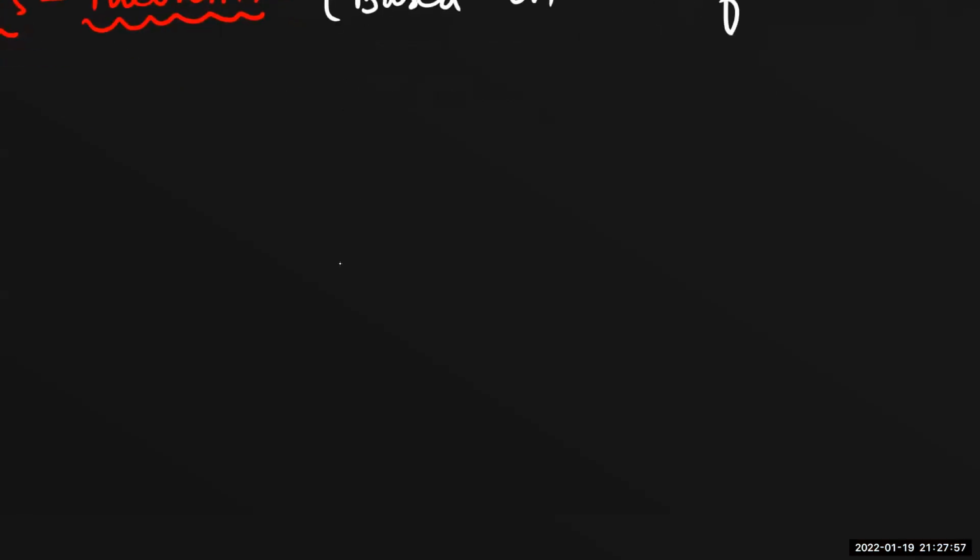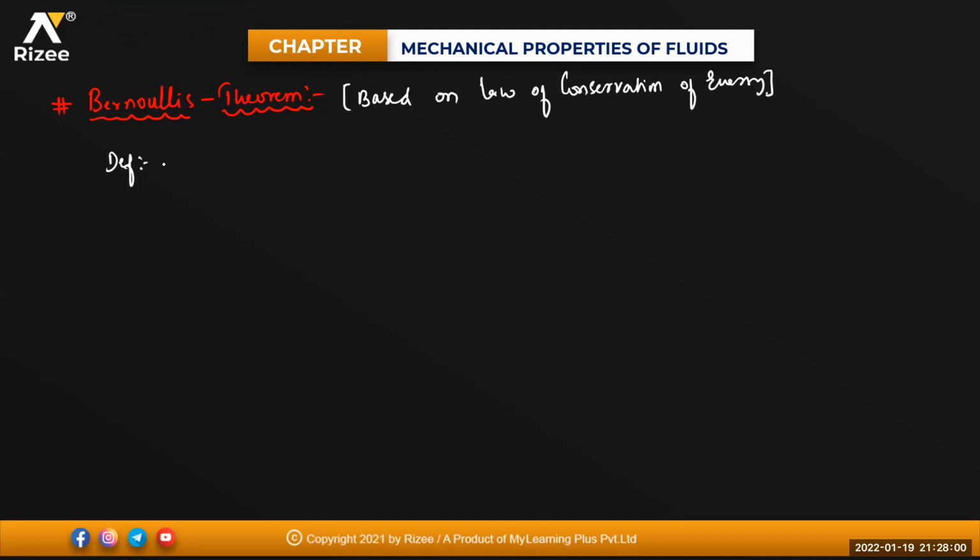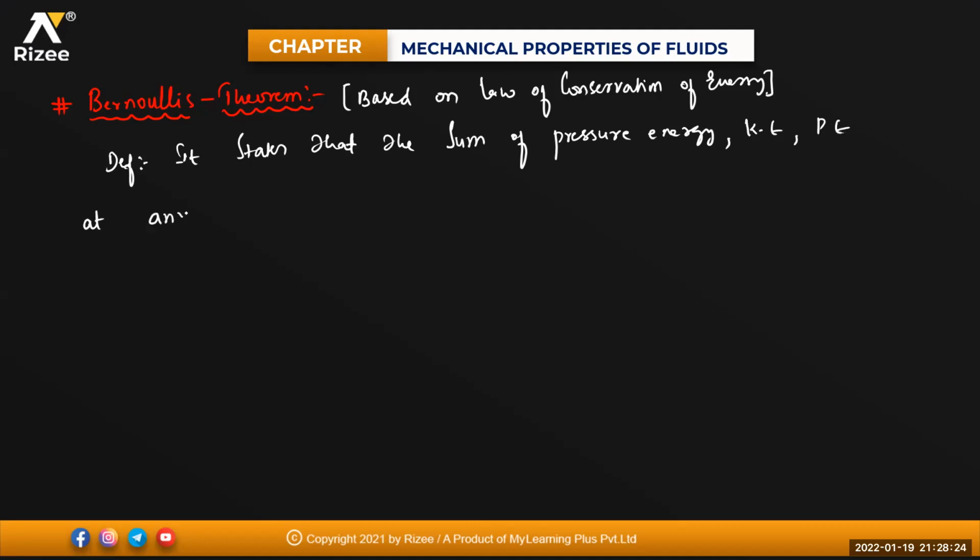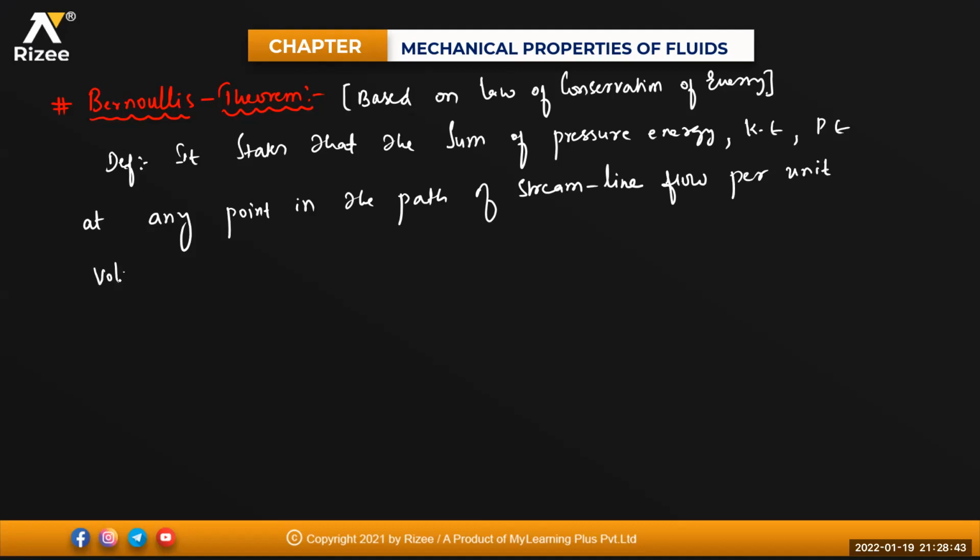So if I'm writing the definition for this one, it states that the sum of your pressure energy, kinetic energy, potential energy at any point in the path of a streamline, per unit volume or per unit mass, is constant.